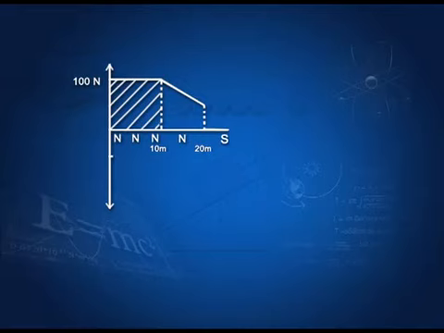For the first 10 meters, the force is constant and that constant value of force applied by the person is 100 newtons, and for the next 10 meters, this force reduces to 50, which is half of the earlier value, but this time it reduces steadily, that means uniformly, and the force of friction is constant and its value is 50 newtons, and it is acting opposite to the displacement.